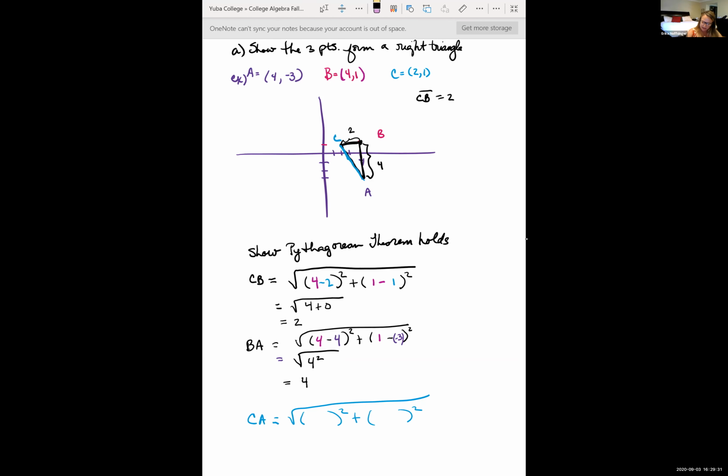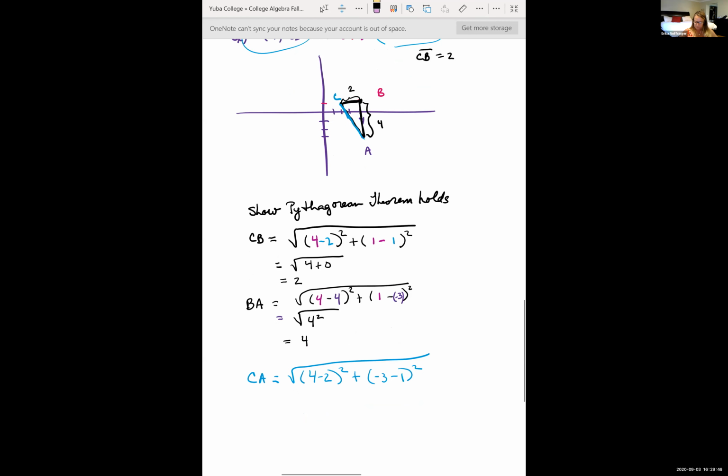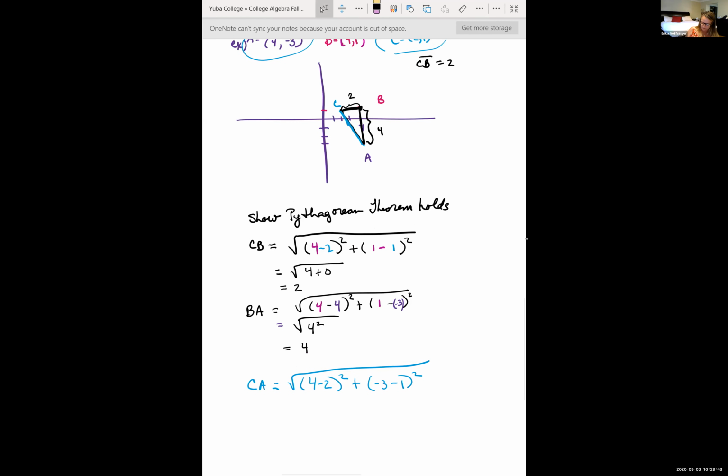So C and A, I would do 4 minus 2, quantity squared, plus negative 3 minus 1, quantity squared. 4 minus 2 squared is 2 squared, plus negative 3 minus 1, which is negative 4.